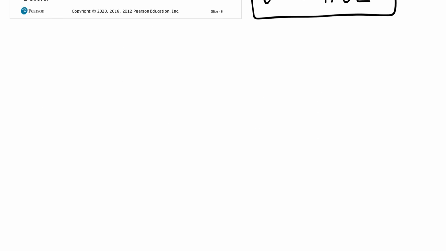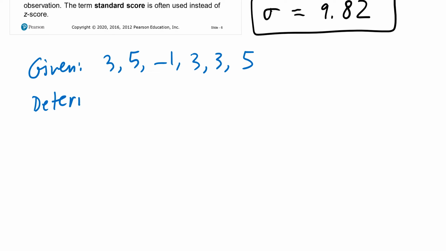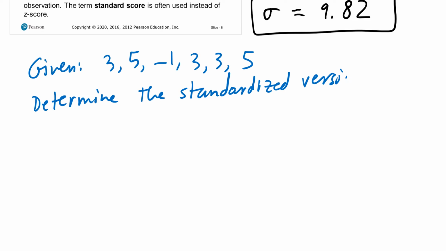So let me scroll down and look at this example. Given the numbers 3, 5, -1, 3, 3, 5, let's say, we would like to determine the standardized version of the number 5.